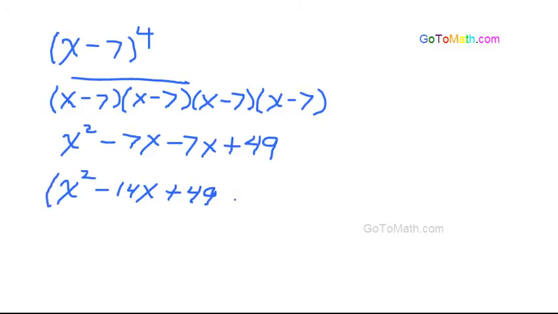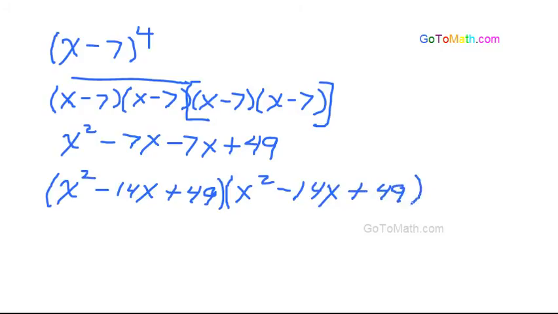Now, there's no sense really in taking this and multiplying it by this one here, because we already know what this is equal to. It's equal to this guy right here. So why don't we just go ahead and do this? Now that I think about it, plus 49. Okay, since we already know what x minus 7 times x minus 7 is, well, there it is again.